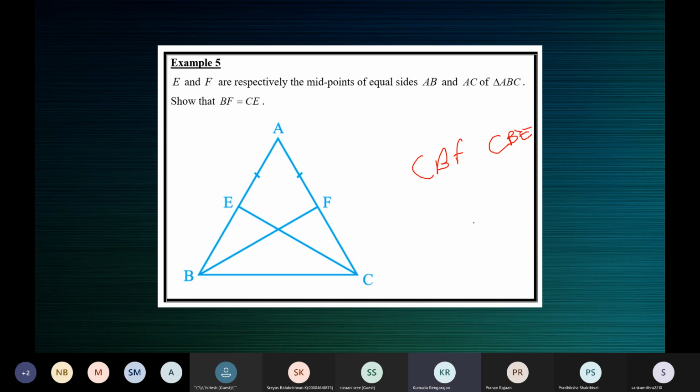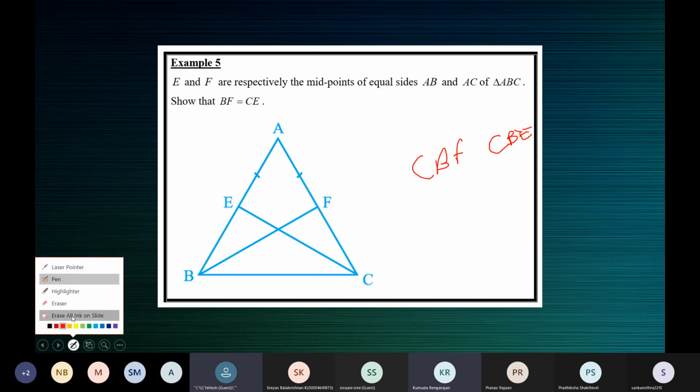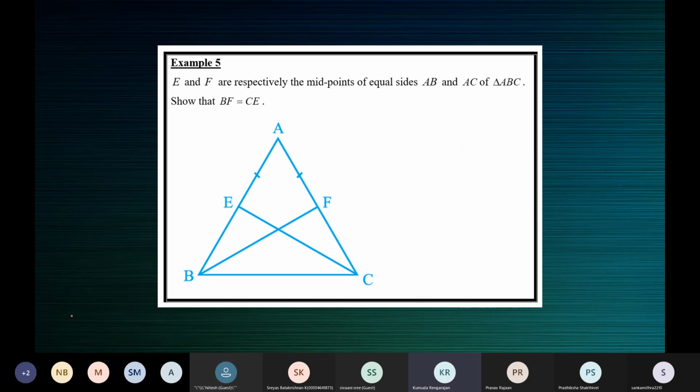Now tell me which are the triangles. We can take up two pairs of triangles and show that they are congruent to get this result, BF is equal to CE. Ma'am, ABF, BEC.